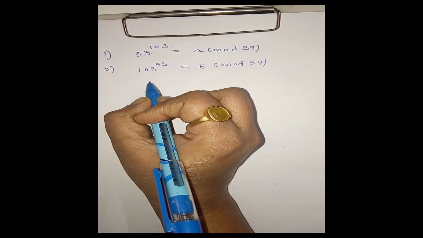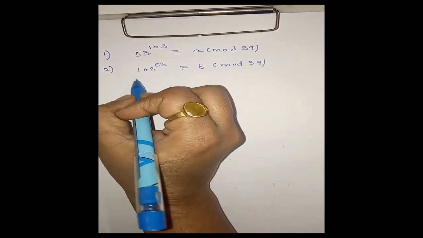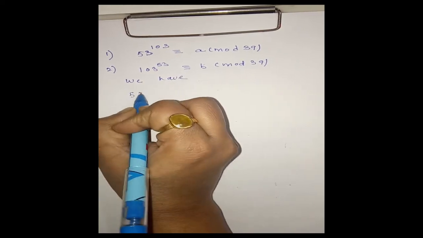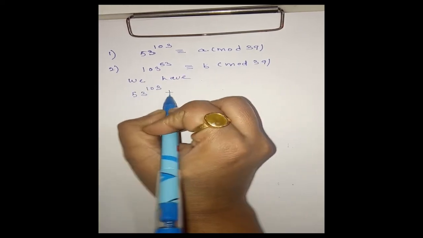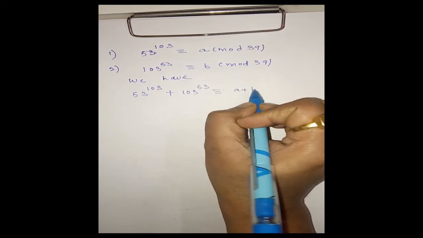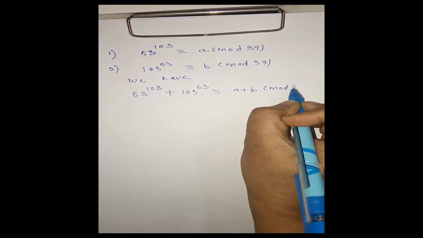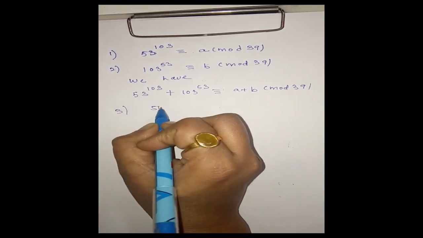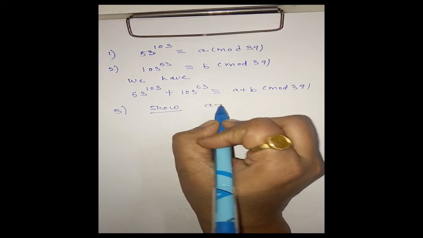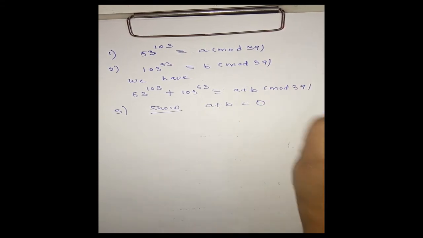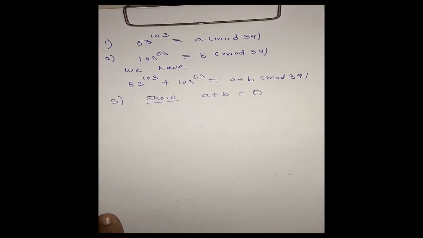Then using congruence relation properties, using 1 and 2, we have 53 power 103 plus 103 power 53 is congruent to a plus b modulo 39. And in my last step, I will show a plus b is equal to 0. Okay, these are the 3 steps we will follow.